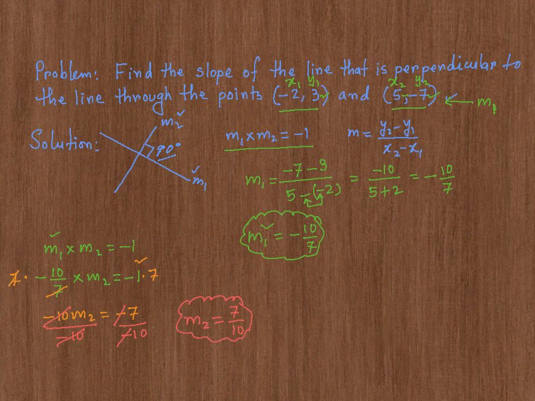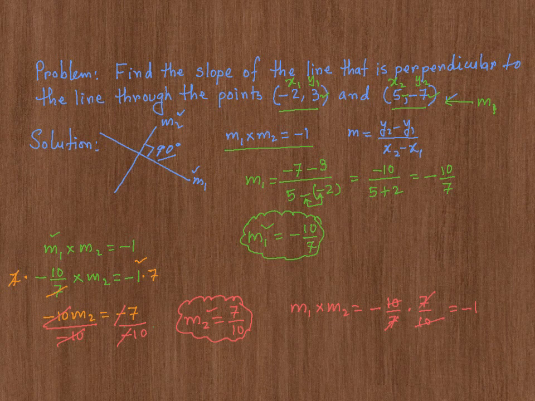Now you can check your answer by multiplying m1 and m2. m1 times m2 is -10 over 7 times 7 over 10. The 7 cancels, the 10 cancels. It gives me -1 as expected.